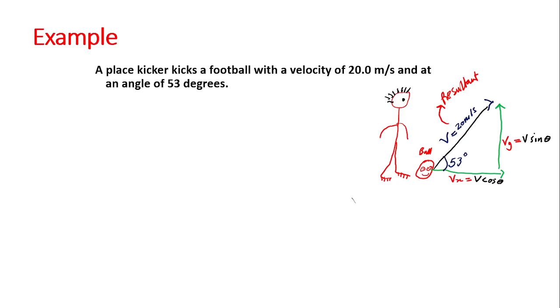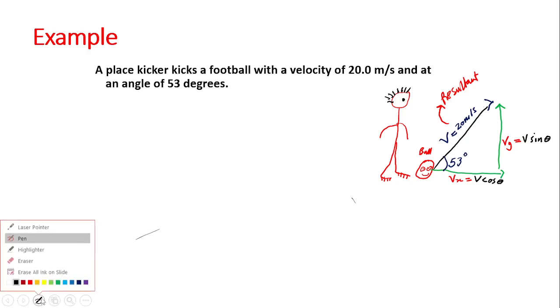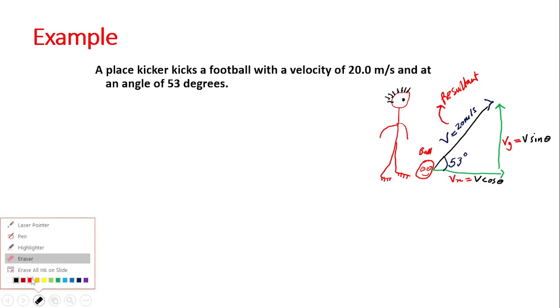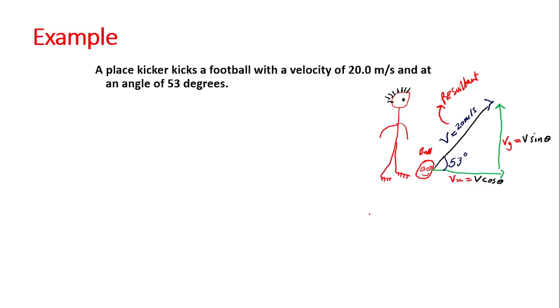I'll go back and visit my formula for projectile motion. So my formula for projectile motion is that S is equal to Vt plus half At squared.